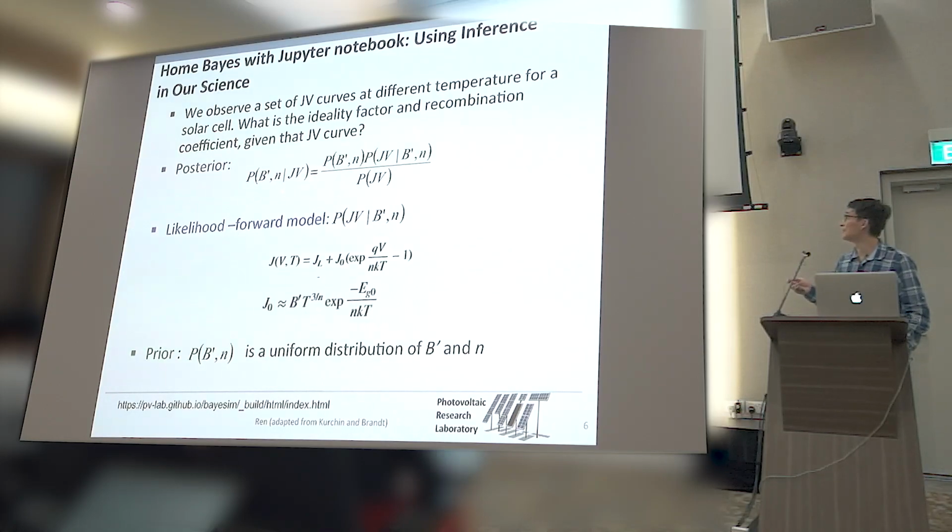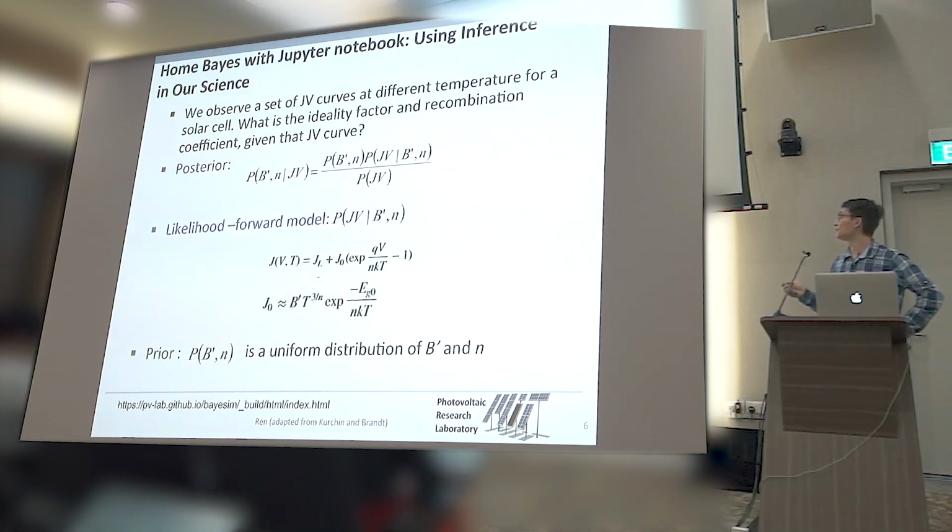So the way we do it is we write the complete Bayes formula, and this is a constant, so we don't really need it. The remaining two unknowns are the probability of B prime and N, and also the probability of JV given B prime and N. This term is called the likelihood. It is essentially your forward model.